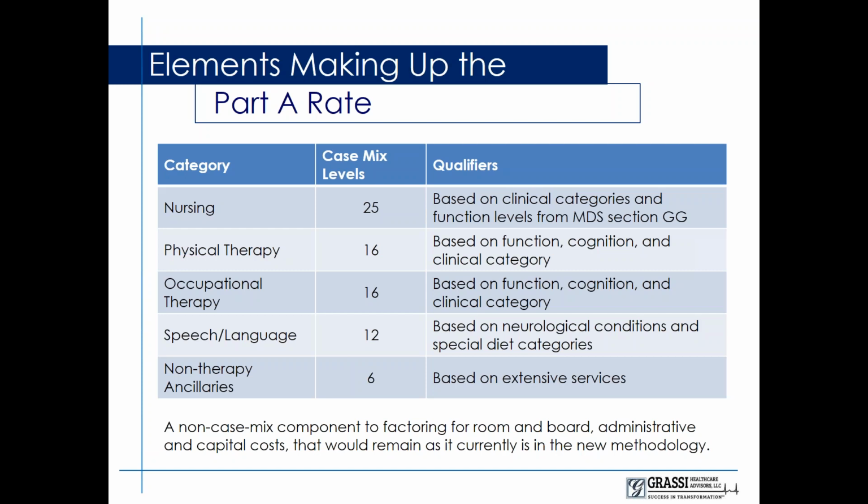As you can see, nursing has 25 different levels that are based on the clinical categories and functional levels from the MDS section GG. The physical therapy has 16 based on function, cognition, and clinical category. Occupational therapy, same thing. And speech-language pathology, same thing. The non-therapy ancillaries are based on specific diagnoses under extensive services, which Alicia's going to speak to in the second part here.